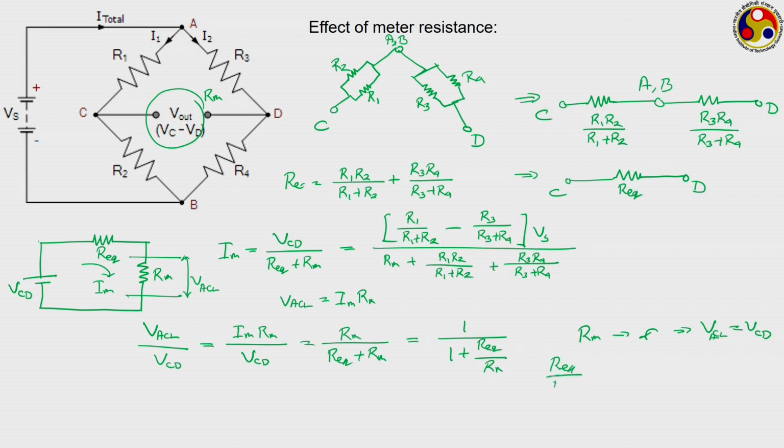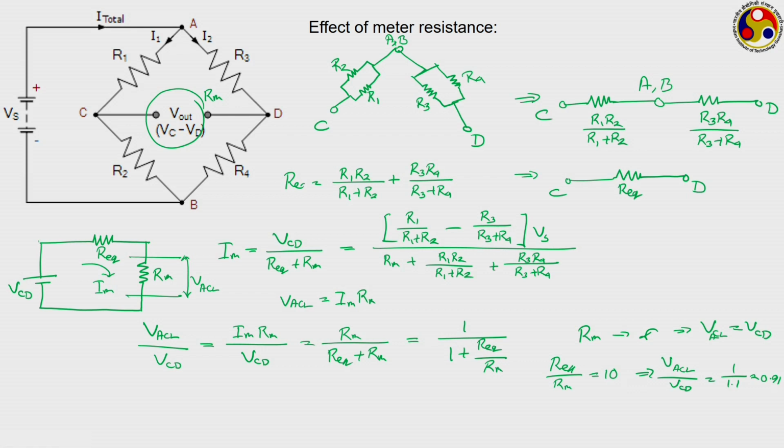Suppose you have a situation where this ratio is equal to 10. Then your voltage ratio VACL by VCD is equal to 1 by 1.1, which is roughly equal to 0.91. That is, there will be about a 9% loss in the final value.